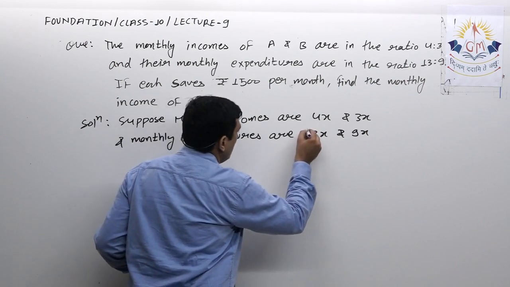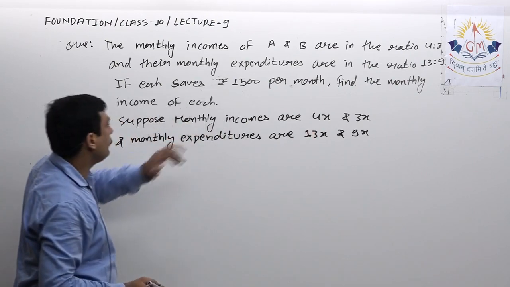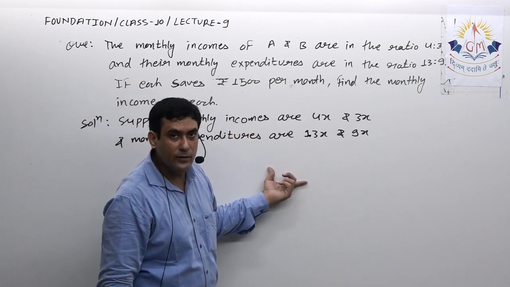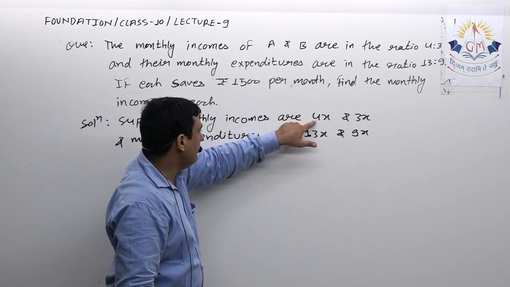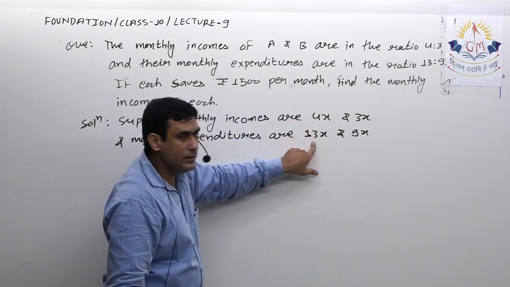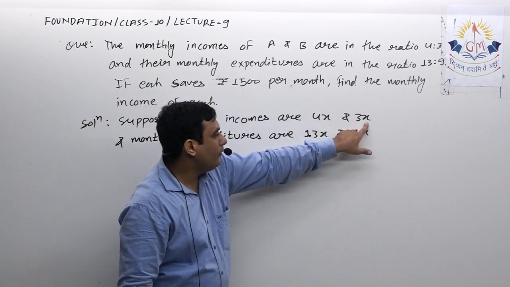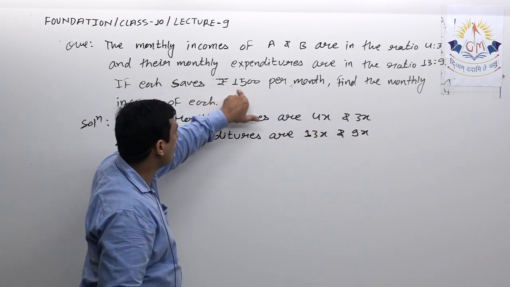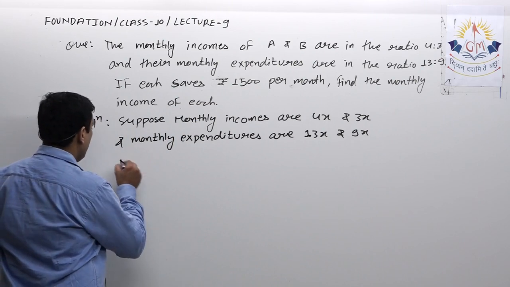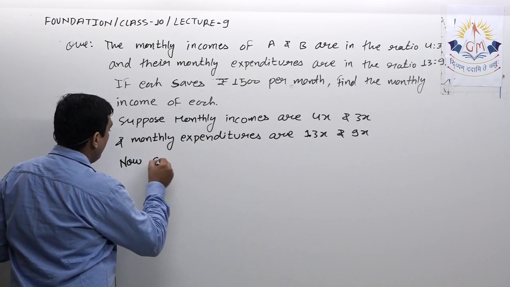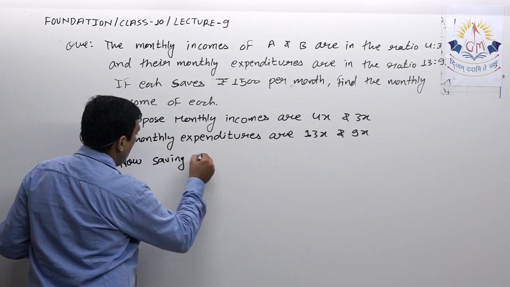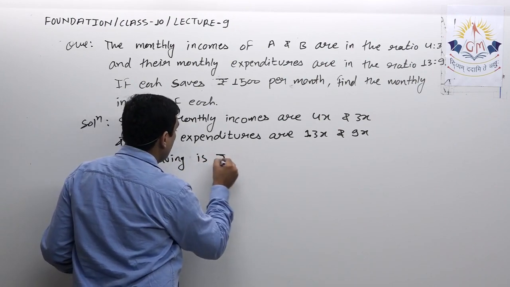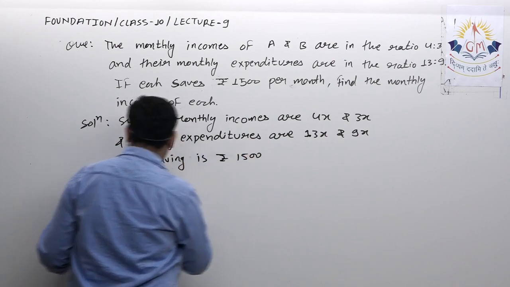Okay. Now both are saving rupees 1500. Now what is saving? Income minus expenditure gives you saving, isn't it? This is income of A, this is expenditure of A, this is income of B, this is expenditure of B. So saving is rupees 1500.